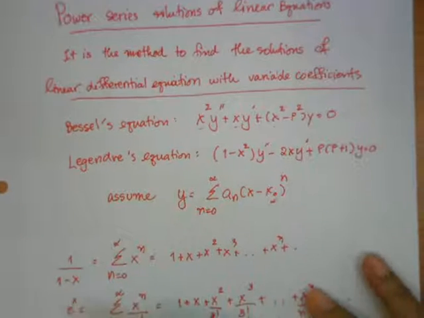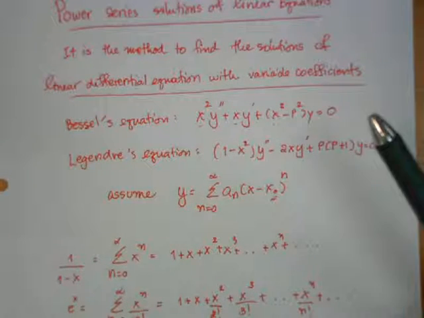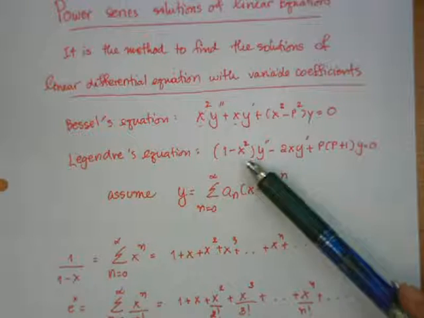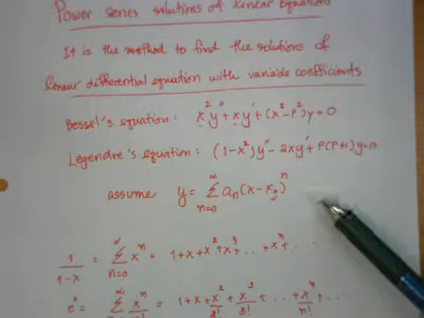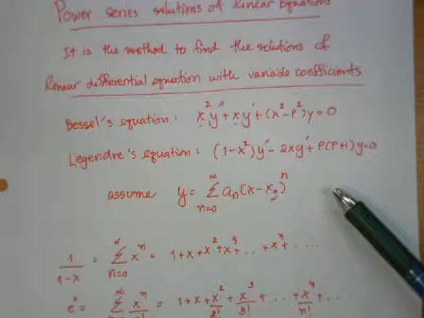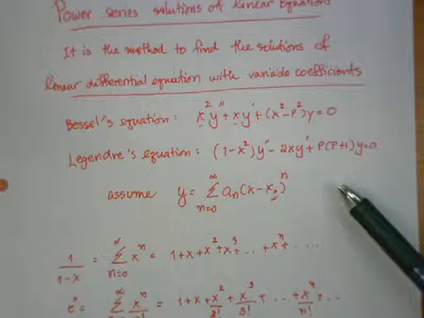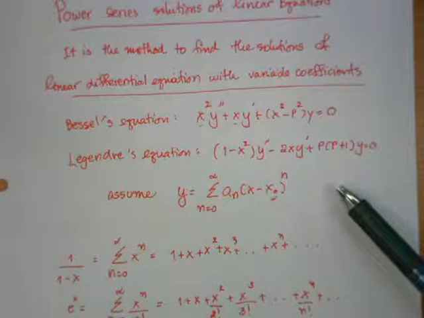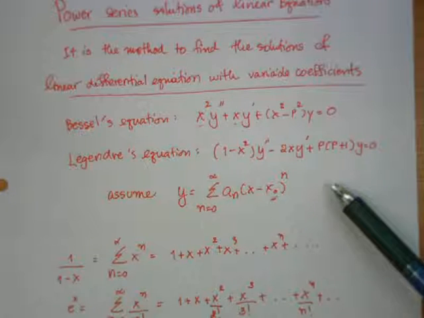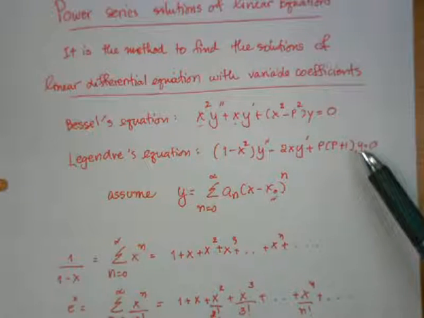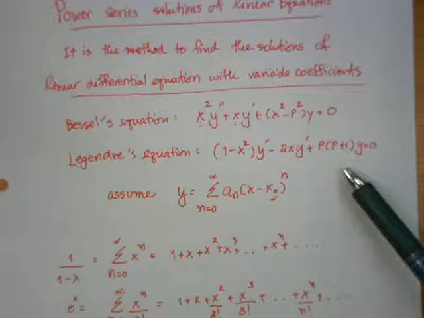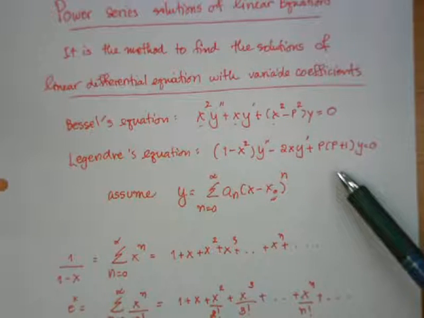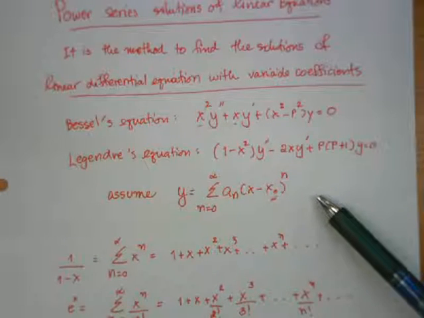Another example is the Legendre equation. You can see that, of course, this is not Cauchy-Euler. It's still in the form having a variable coefficient for your differential equation. So if you have this type of differential equation, the way that you can find the solution is by using the power series.